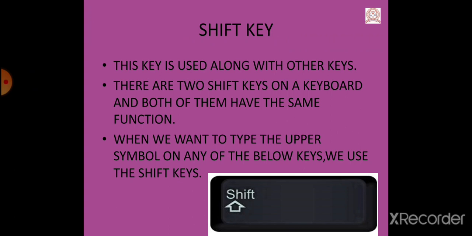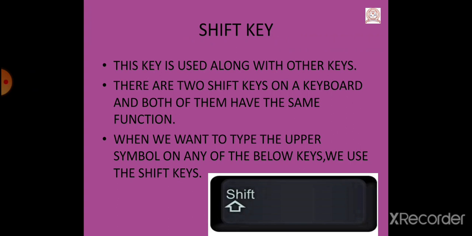Next, let's move to shift key. The shift key is used along with other keys. There are two shift keys on a keyboard and both of them have the same function. When we want to type the upper symbol on any of the following keys, we use the shift key.